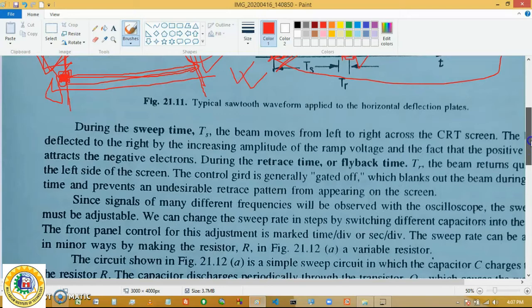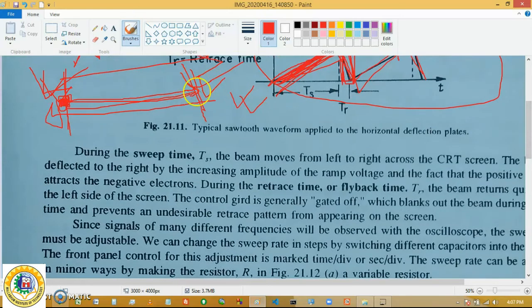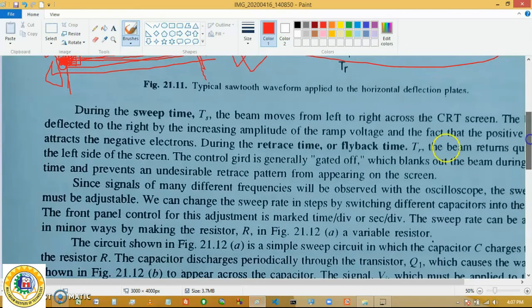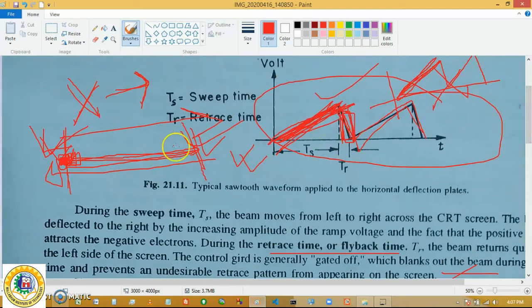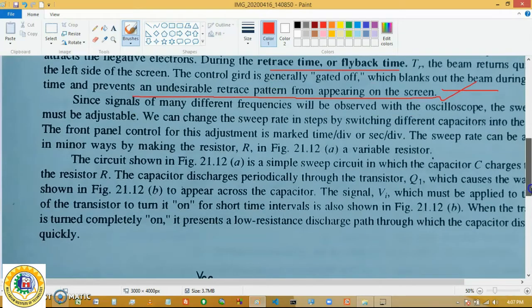We don't want to see this retrace of the electron beam. So this is called the retrace time or the flyback time, and it is gated off, which blanks out the beam so the undesirable retrace pattern does not appear on the screen. In simple words, during the retrace of the electron beam from right to left, we cannot see the waveform, so that is prevented internally.